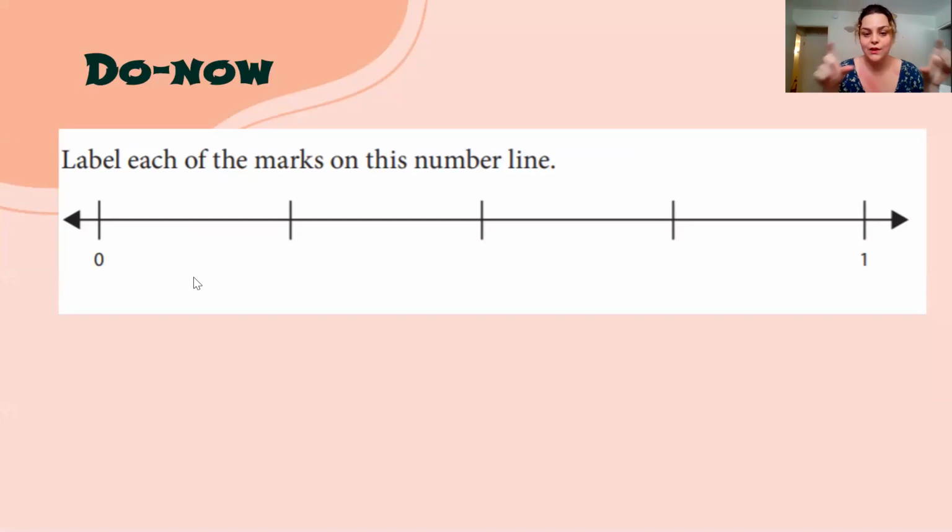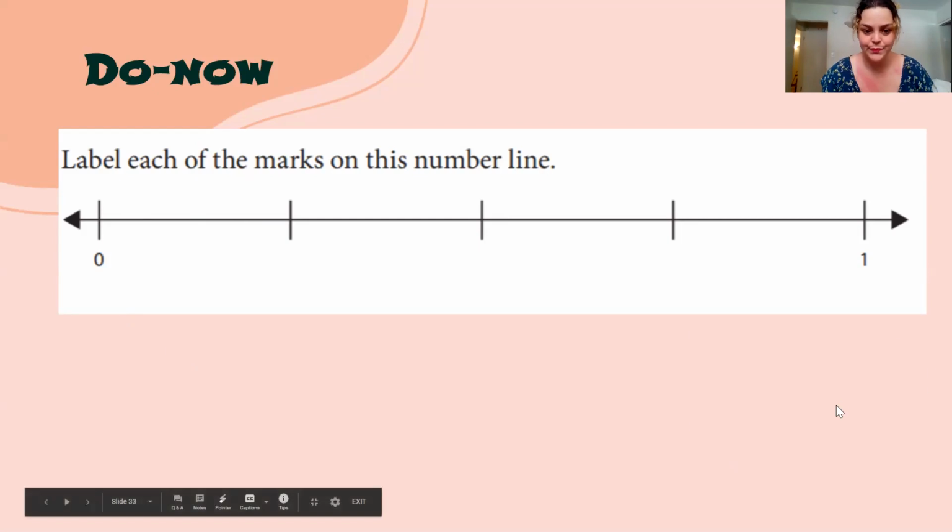I want you to write all of this down in your math notebook. Label each of the marks on this number line. Make sure that you have the correct numbers right at the beginning of your number line, at the end, and look at how many tick marks you have in between. So I'm going to ask you to pause right now so that you can go do that. Pause, and then you're going to come back.